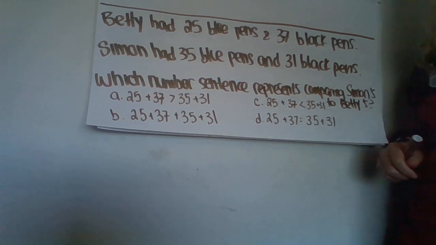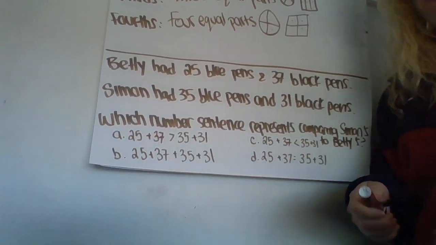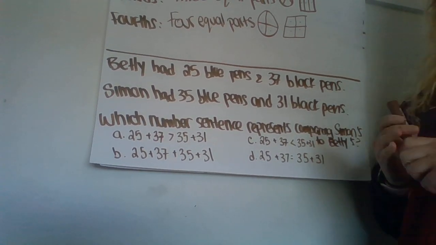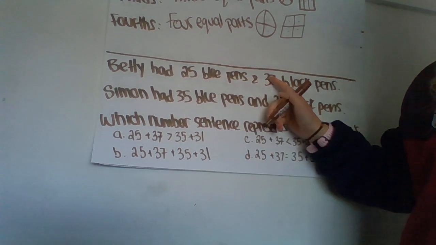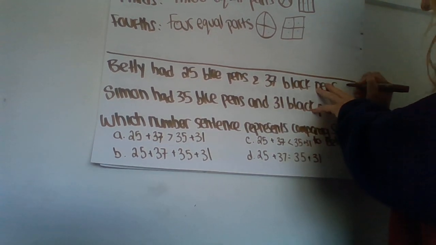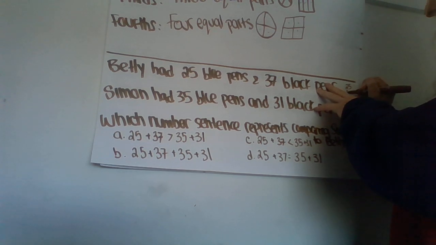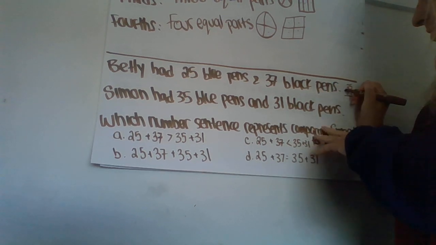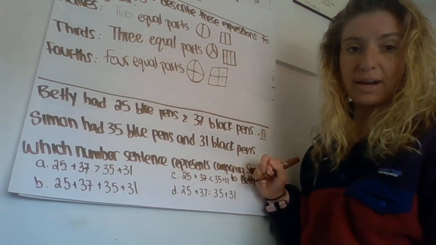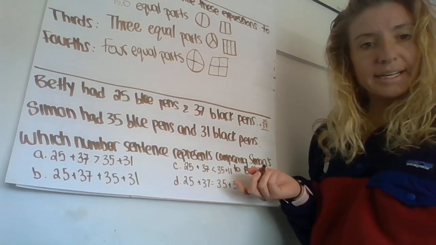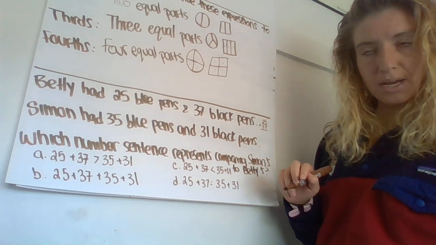Okay, so I'm going to start by just figuring out how many each of them have. So Betty has 25 plus 37. I can go ahead and use a quick algorithm here. And the reason why I want to figure out how many they have is because otherwise I'm not going to be able to write an equality or an inequality. I need to know who actually has more, Betty or Simon.